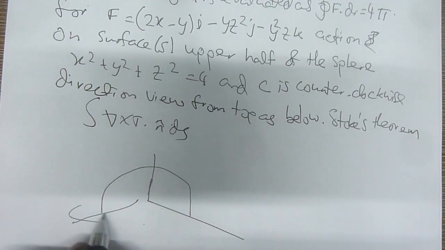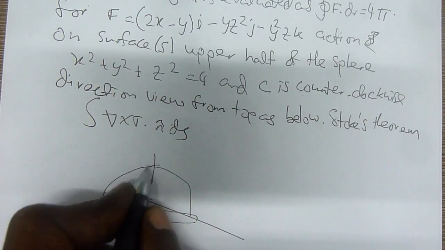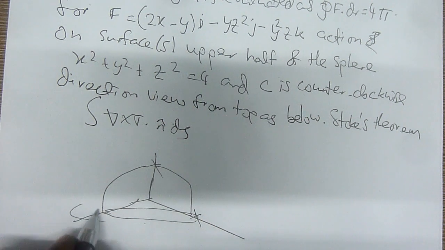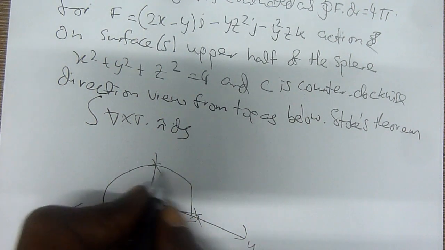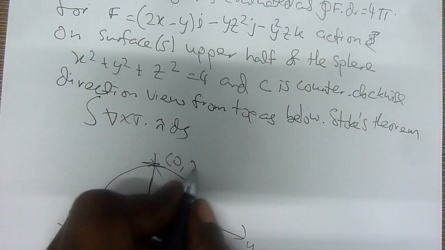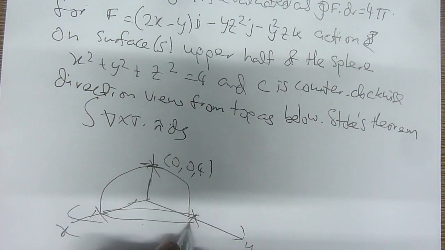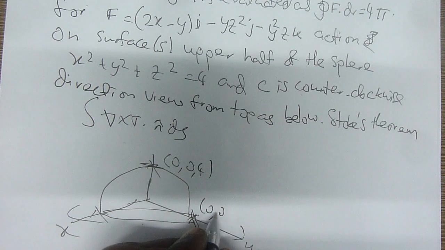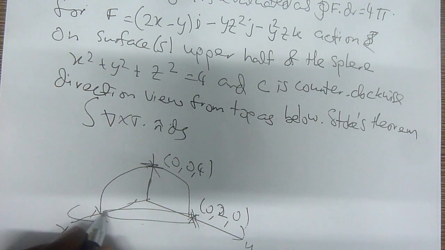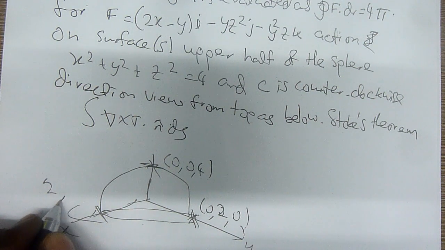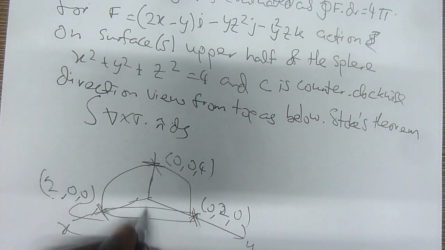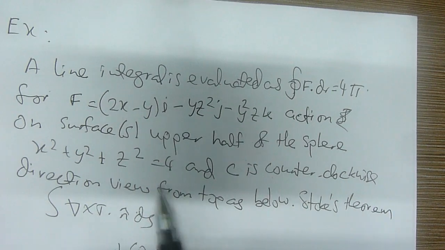Half hemispherical. Done. On the x, y axes, top is 0, 0, 4. This one is 0, 0, 2, 0. This is 2, 0, 0. How do I know it says 2, 0, 0 here?